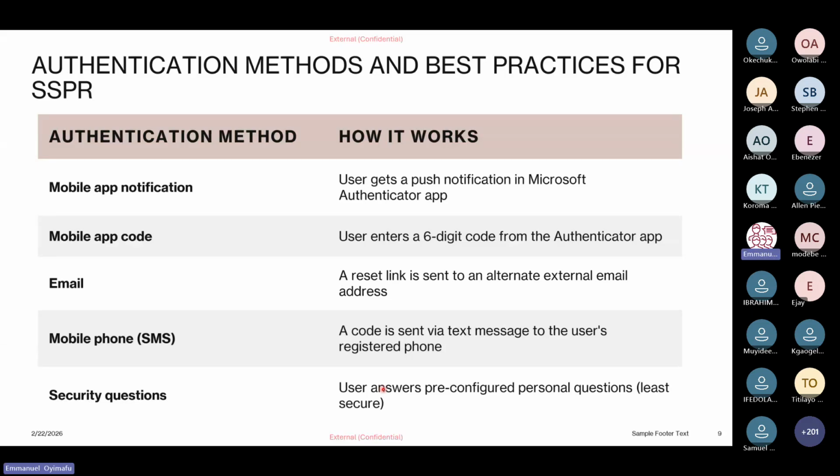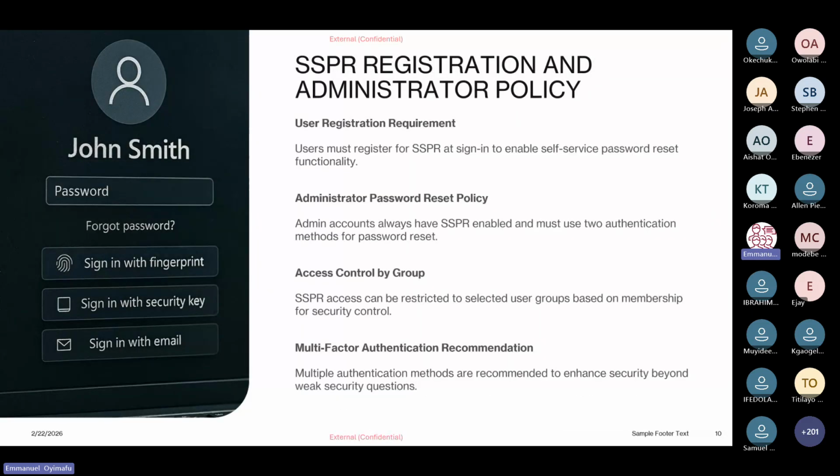So this is SSPR registration and administration. For users to use SSPR, they must first of all register. User registration is a requirement for self-service password resets. They must register to enable SSPR, because if they don't register, there's no way they can reset their password.